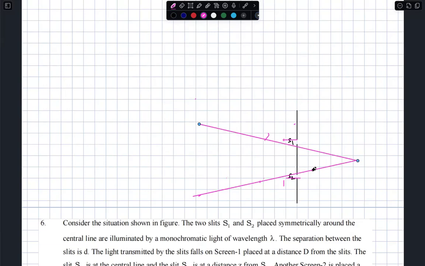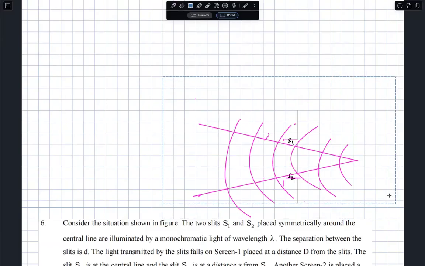In this case, wavefronts will be like this. Whatever it is, remember, these slits are on one single wavefront. Whatever it is, still it is a YDSE exam. Therefore, this is the case which they are discussing.